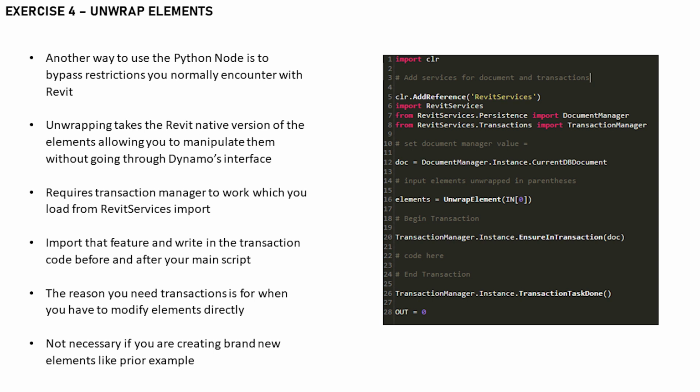Just get used to the idea that if you want to modify elements in Revit with a Python node, you have to do these. You have to have more code to explain what you're trying to accomplish, and change your syntax a little bit in the code so it works. So if it's unwrap, meaning I want to edit something in Revit, and that could be a lot of things, it could be schedules, elements, whatever.